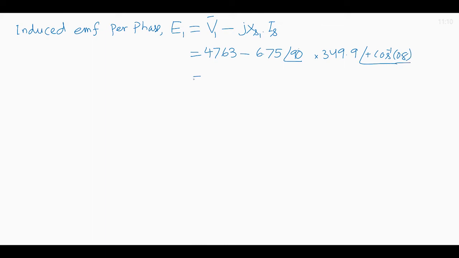Computing this, the EMF E1 comes as 6462.3 at minus 70 degree.